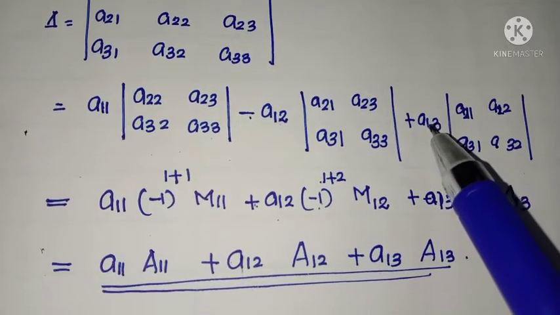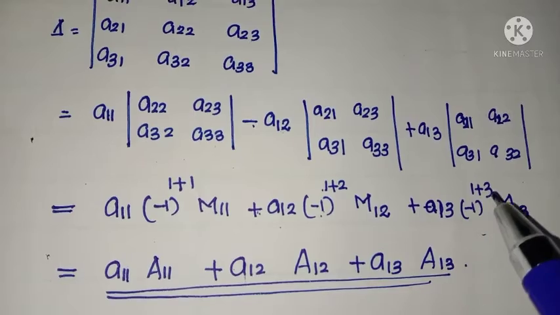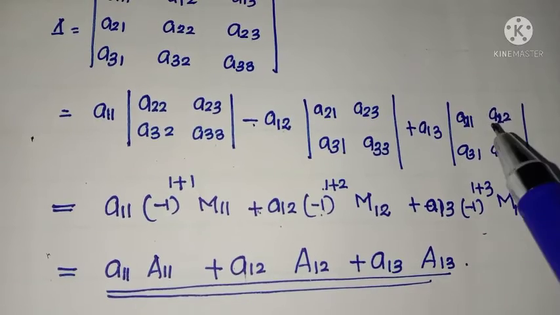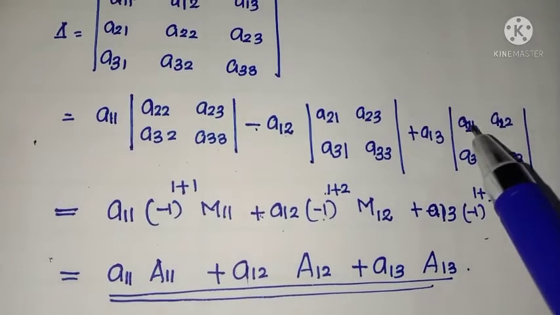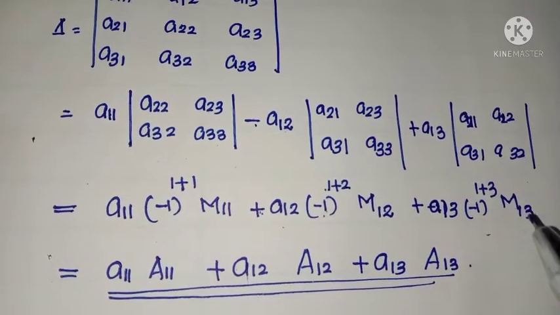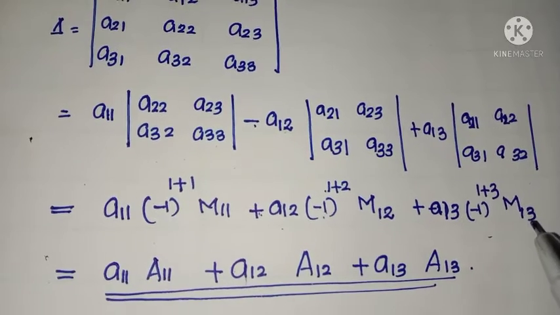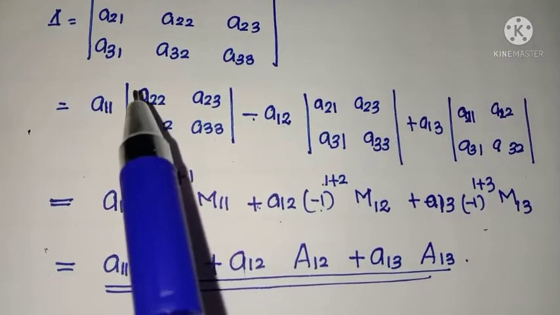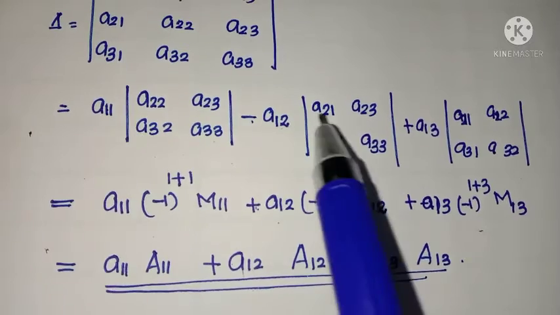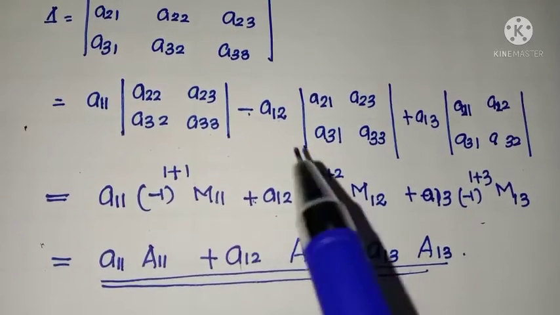So, using the suffixes 1, 3, we can write this as minus 1 raised to 1 plus 3, and the determinant A21, A22, A31, A32 stands for the minor of the element A13, that is M13. Okay, so the determinant forms are rewritten in terms of minors.